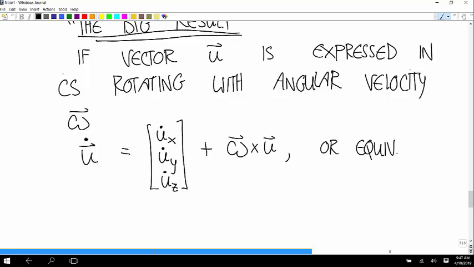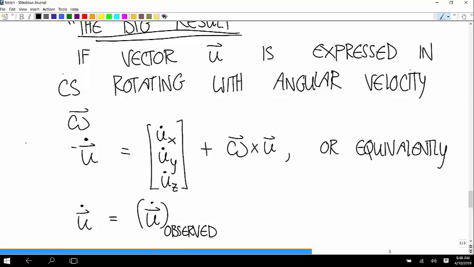Equivalently, u dot is equal to u dot observed. Okay, so to an observer in that rotating coordinate system, that's what they think u dot is. Plus this correction.